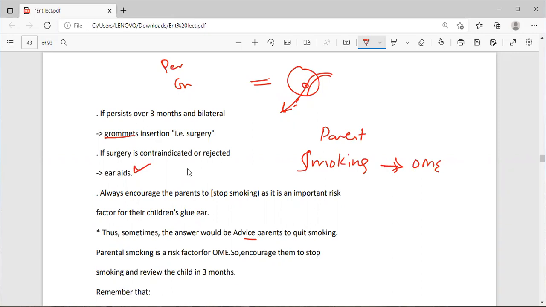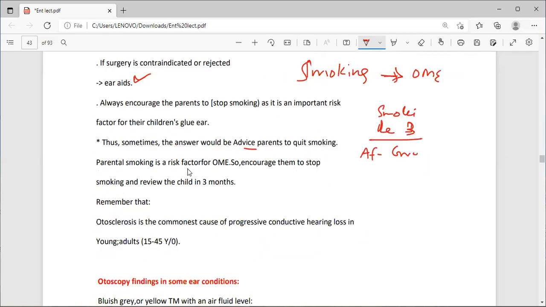So the answer may be quit smoking, or it may be reassurance and review in 3 months, or it could be that after 3 months, if it is not resolved, you will go for grommet insertion. So these are the treatment plan in otitis media with effusion.